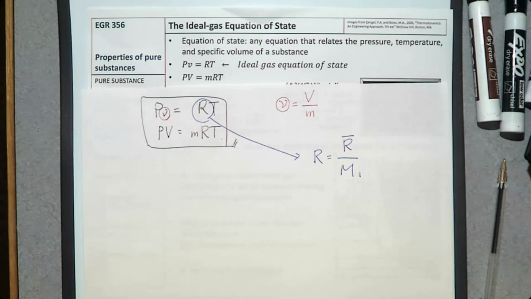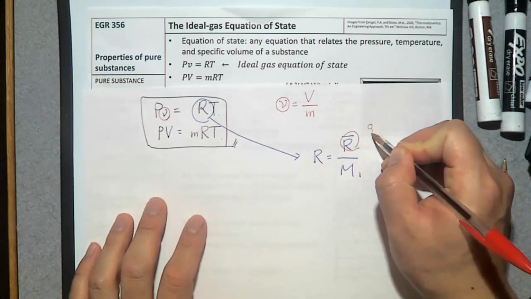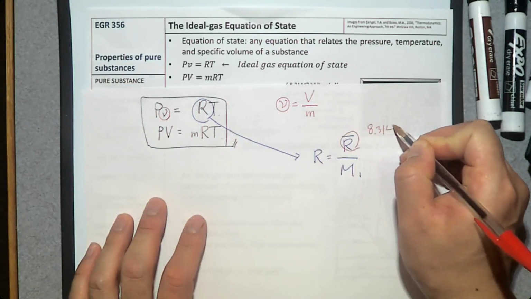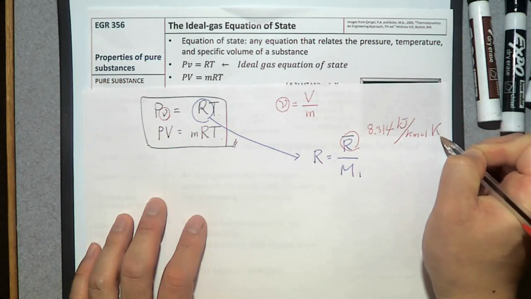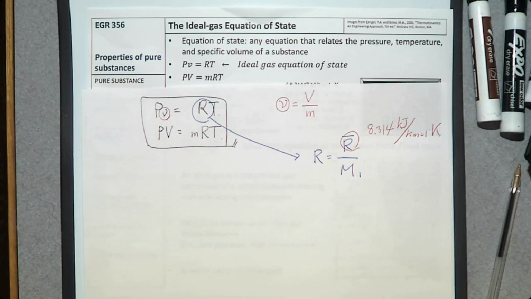So there's only one universal gas constant. Its value is 8.314 kilojoule per kilomole Kelvin. If you don't remember this number, you will remember it after this class, because in Thermodynamics 2, we use this one rather than this one. We will talk about that next week.